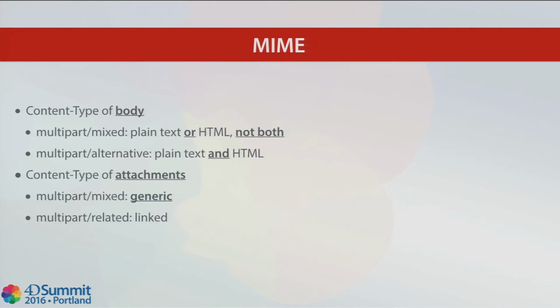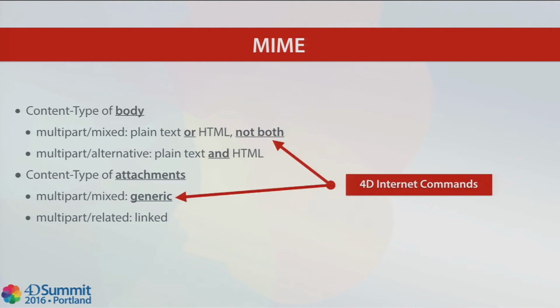So what is the problem? The problem is content type. If you use the internet commands, you have to decide whether the content type is HTML or plain. The plugin adds a header that says this is multi-part, this is text plain or text HTML.